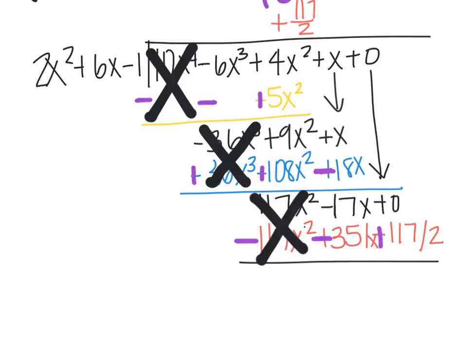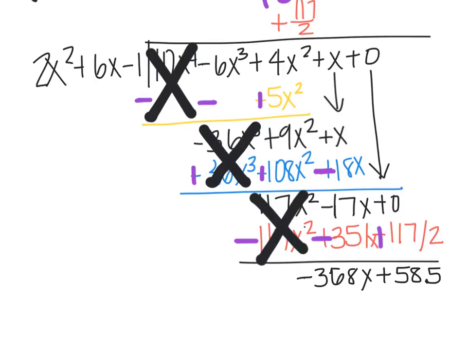That's going to be negative 368x. And then I have 0 plus 117 over 2, or 0 plus 58.5. So I'm going to put 58.5 there just because I know you guys like decimals better than fractions anyways. So I can't do anything else with the problem, so I now have my answer.